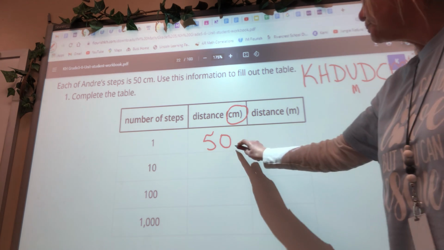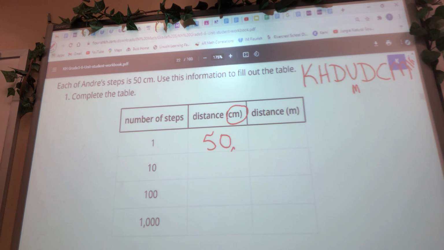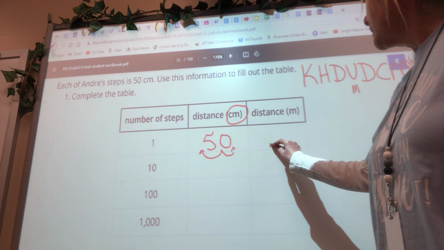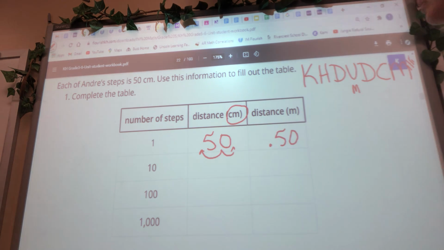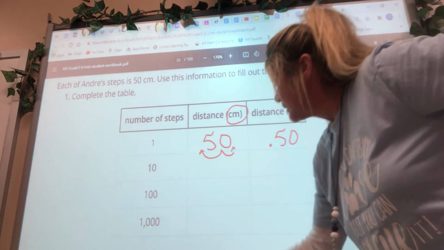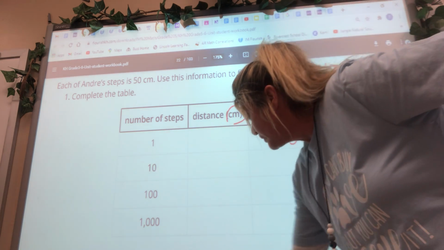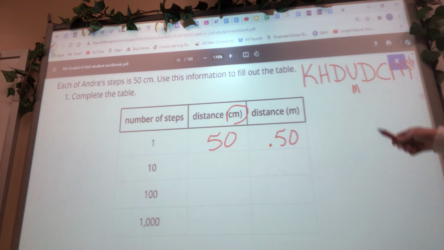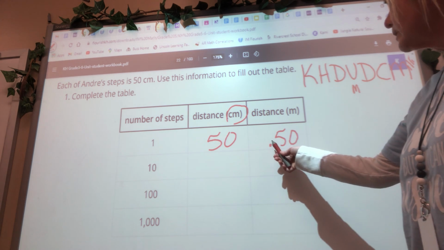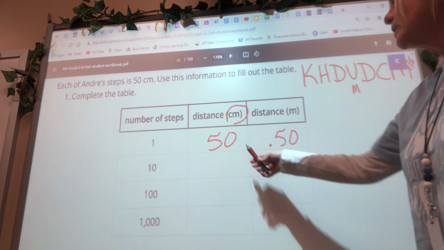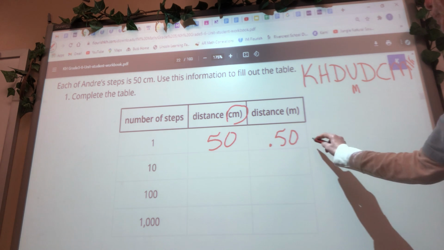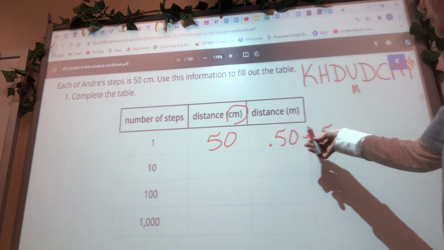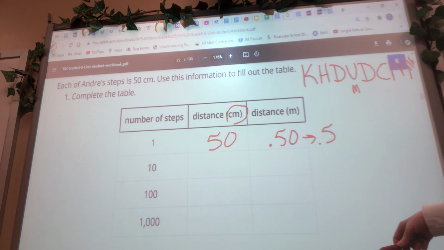So right now, our decimal place is right here. And if we moved it 1, 2 places, then we would have 0.50. And that makes sense. If it was 50, and we know that there are 100 centimeters in a meter, it makes sense that now it would be hundredths instead of 50. Okay, and if you put 5/10, that would be the same thing, wouldn't it? 50 hundredths is equal to 5/10.